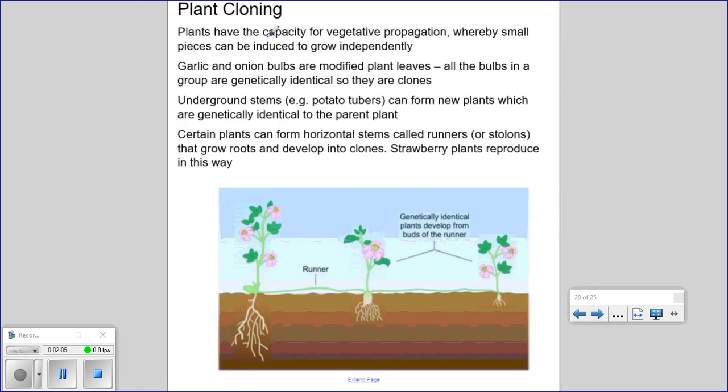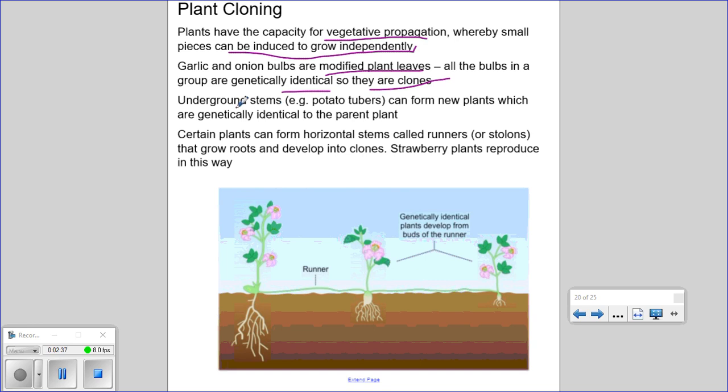In plant cloning, plants have the capacity for vegetative propagation, whereby small pieces can be induced to grow independently. Garlic and onion bulbs are modified plant leaves. All the bulbs in a group are genetically identical, so they are clones. Basically, you can take a bulb from a garlic, plant that, and it will grow into a plant.